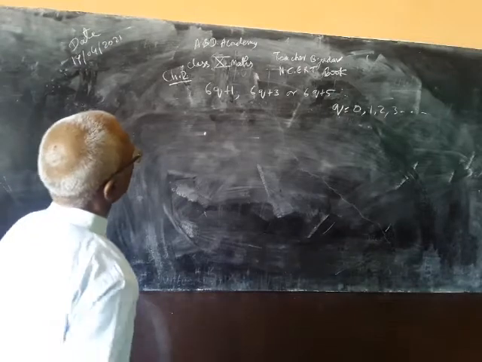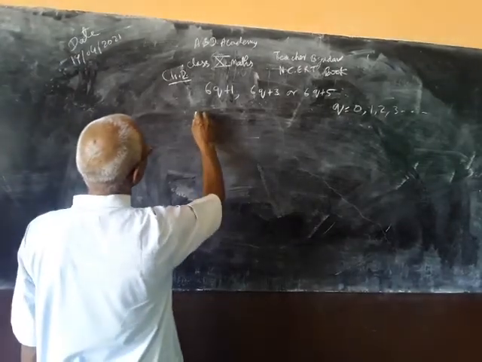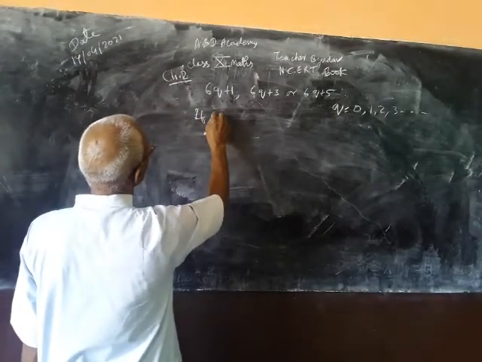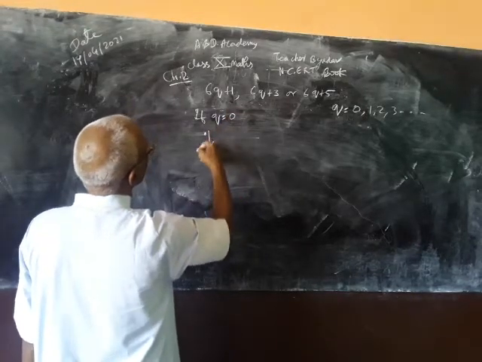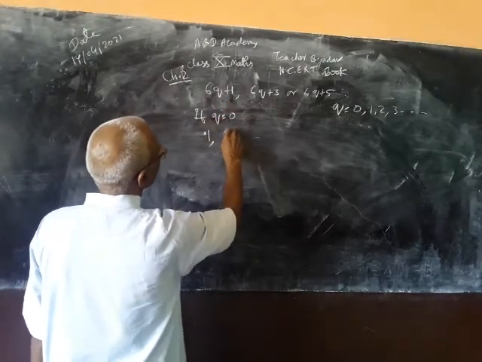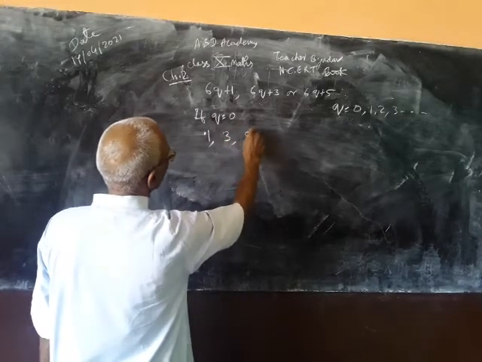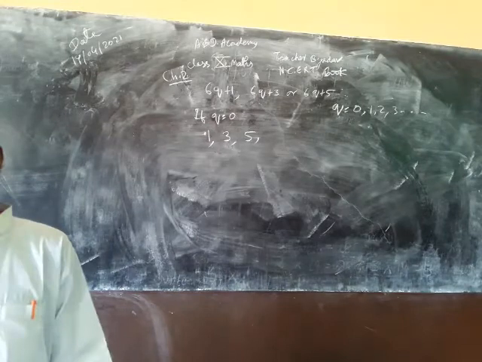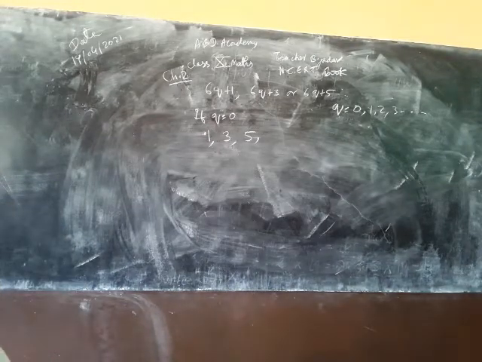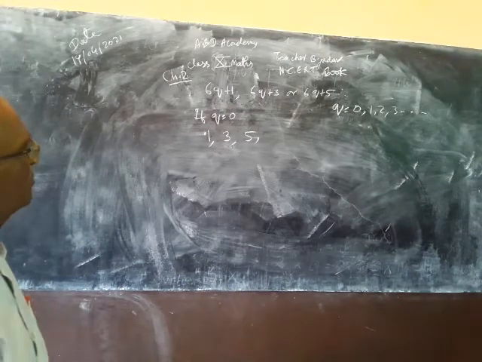So if q is 0, then from the first form 1 will come, from the second 3, and from the third 5, because 6 into 0 plus 5 is 5.